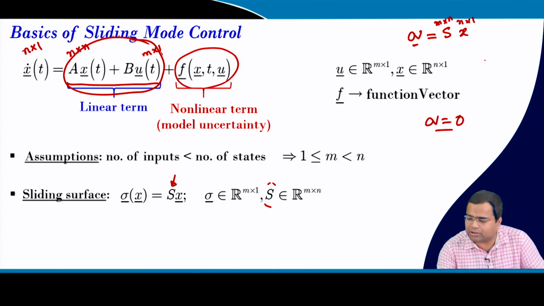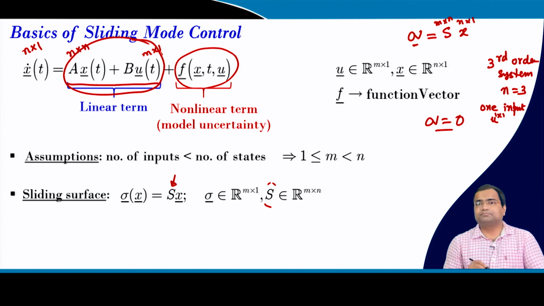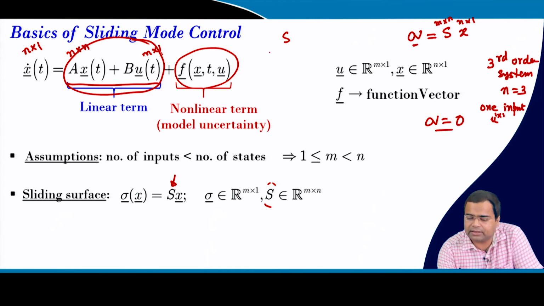Let us say we are talking about a third order system where n equal to 3 and one control input, that means u dimension is 1 cross 1, then S should be 1 cross 3 and sigma is 1, so equal to 0.